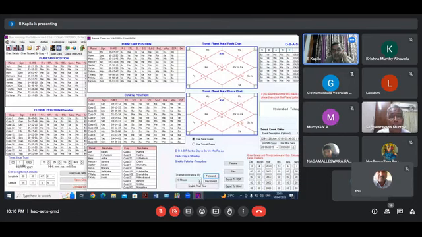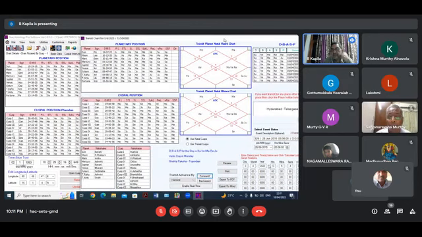Now I get moon. 10 minutes. Okay. So what is the time? 13 hours, 5 minutes, 4 seconds.